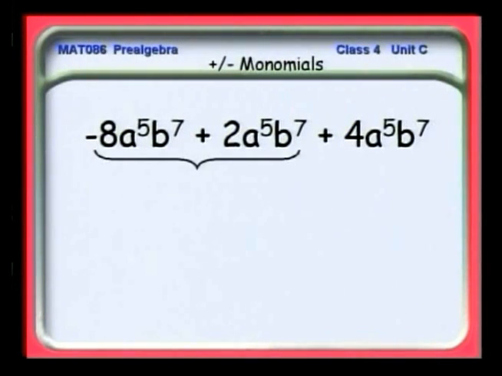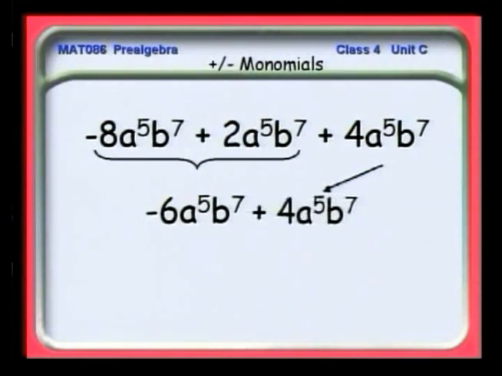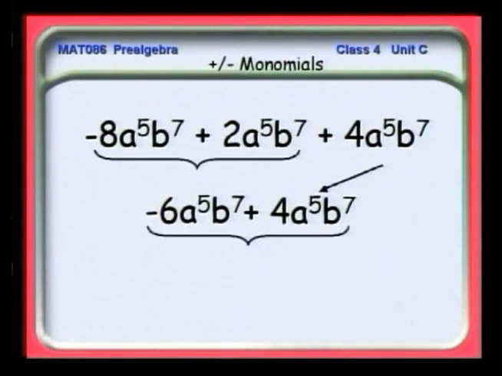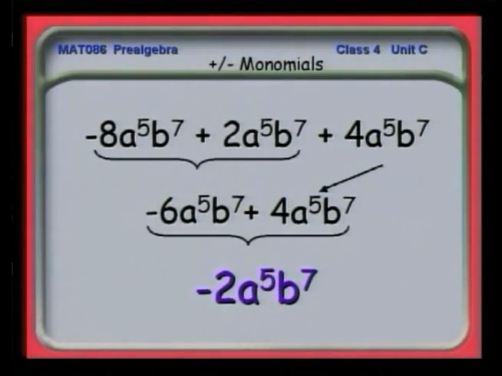We can add them pairwise. Minus 8 plus 2 is minus 6, plus 4. Add that pair, and we can combine the three to minus 2a to the fifth power, b to the seventh power. This was just a review.